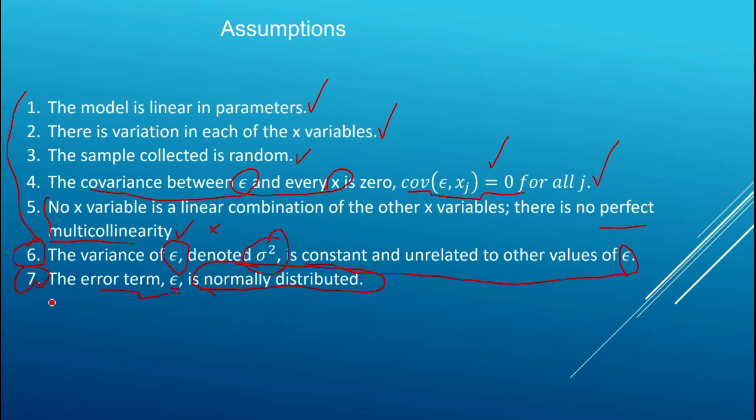So in a really large sample, you don't have to worry so much about assumption number 7, but you have to worry about it in a small sample for sure. These last two are really most consequential when you're doing hypothesis testing. I'll leave it at that, and if you want to know more, I highly recommend taking a good econometrics course.